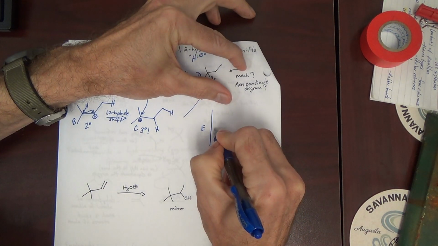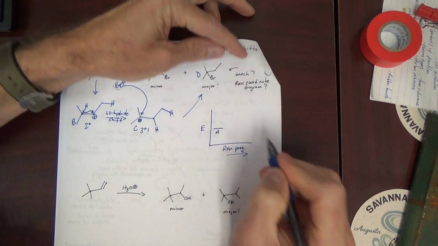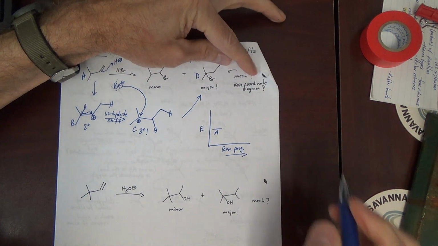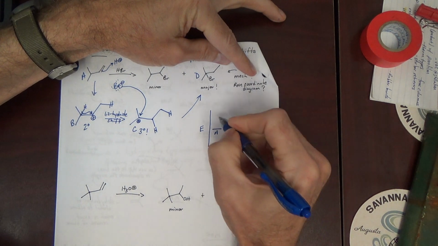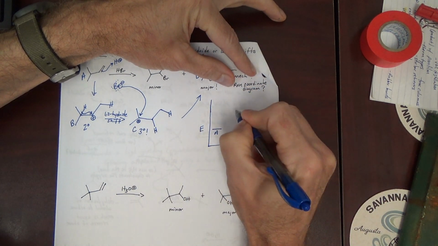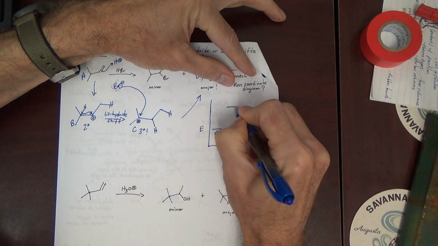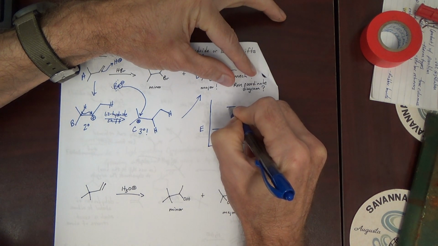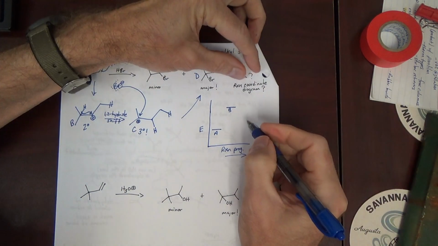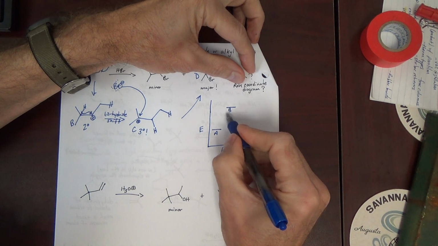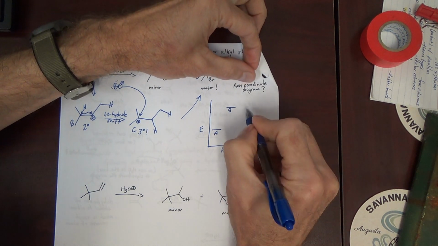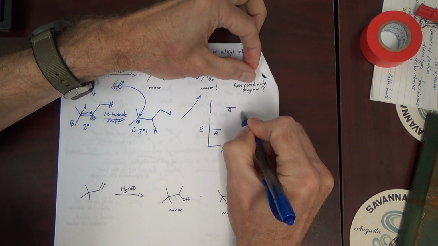We can start here with A. Then we react with the H plus to give our first intermediate, B. Then B undergoes a rearrangement, a hydride shift, to give C, but C is lower in energy.